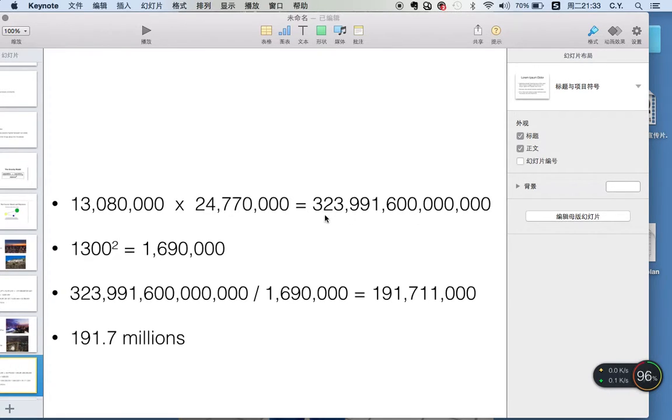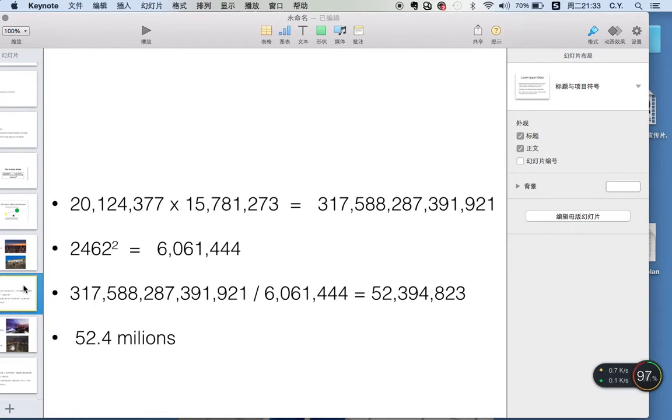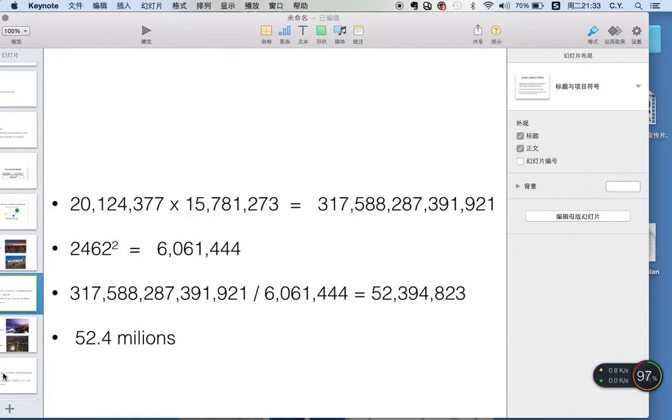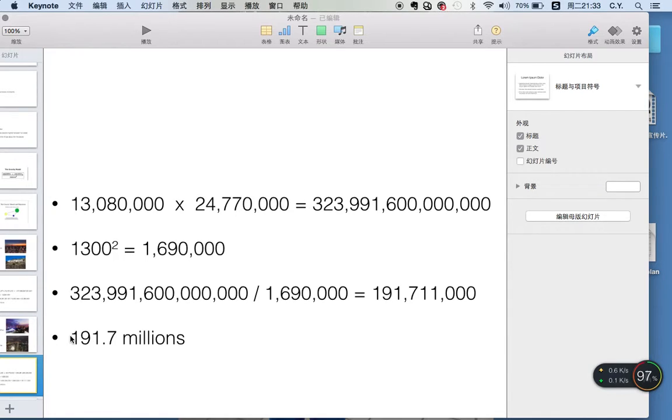But the distance from Guangzhou to Shanghai is almost half of the distance from New York to Los Angeles. We square it, and then divide, and we get a gravity number. We can see this gravity number is much greater than this one. Why? Because the distance changed.